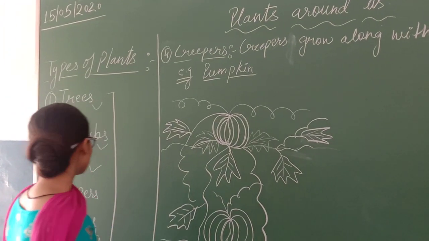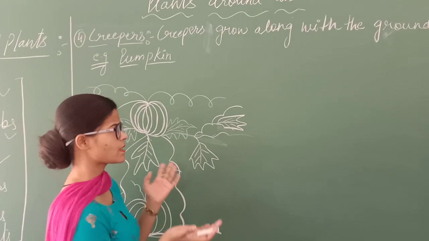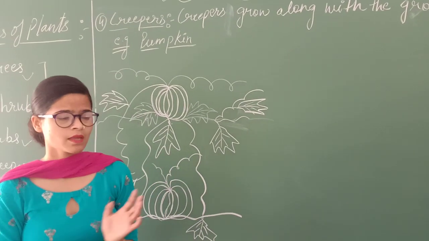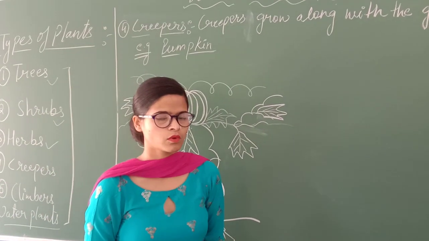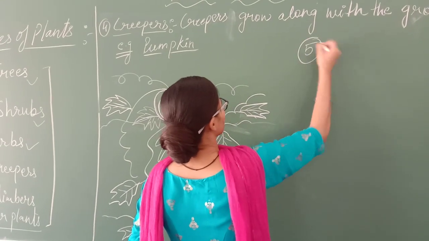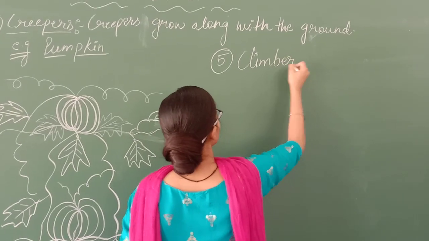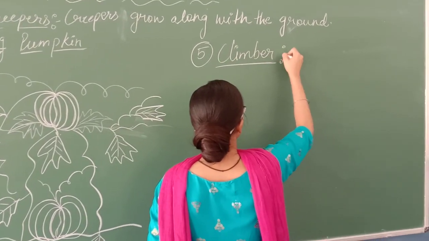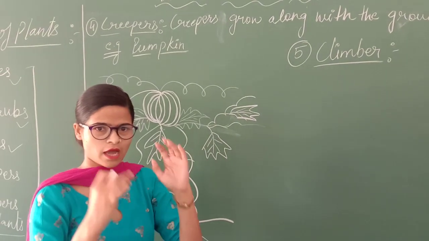Okay? Now we will learn about climbers. Climbers are same as creepers, but they have a slightly different way to grow. Okay? So the fifth one is climber. Climb का मतलब, as you know, the meaning of climb. Climb means चढ़ना.